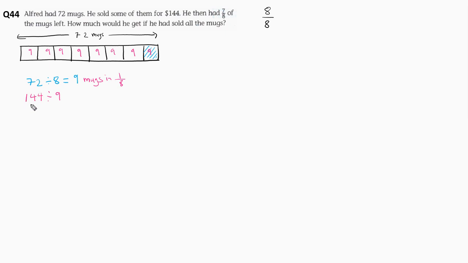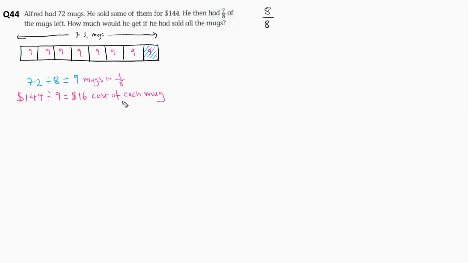And 144 divided by 9, that is 16. So this is $144 divided by 9, so that's going to be $16, and that is the cost of each mug, how much he sold each mug for.